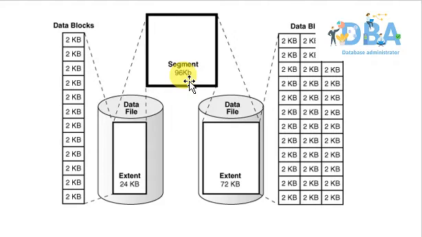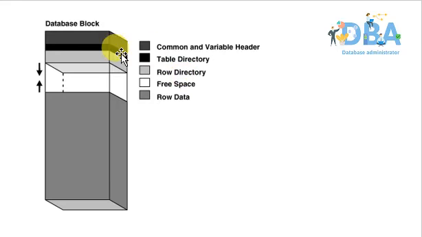So how is this data stored over the blocks? This is the actual look of a single database block, where there are a couple of things: common and variable header, table directory, row directory, free space, and row data.